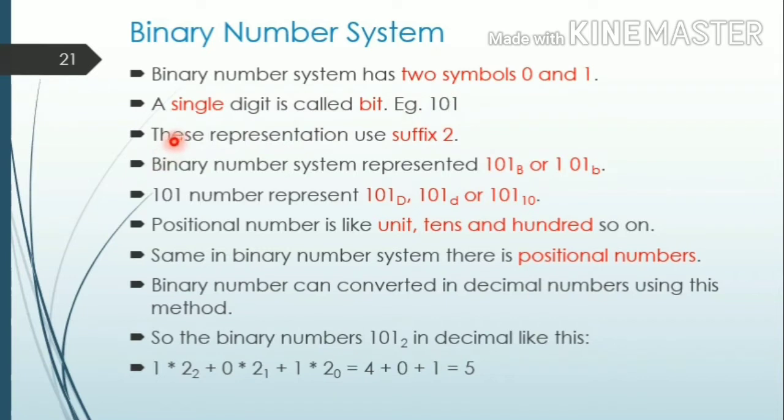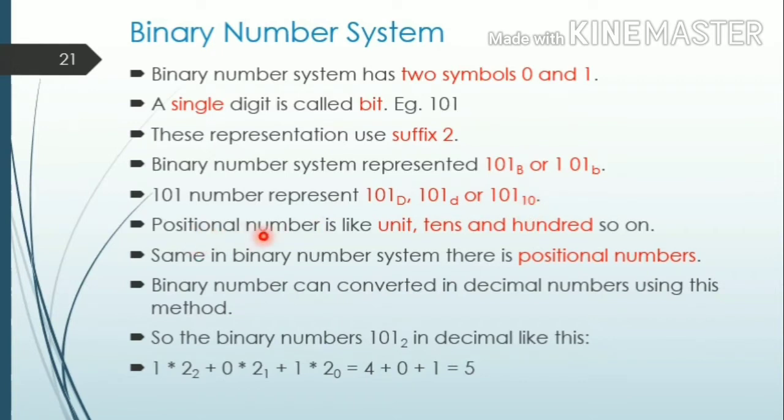Now this representation uses suffix 2, because binary digits are 2. The binary number is represented as 101B, capital or small doesn't matter, it stands for binary numbers. The number 101D stands for decimal numbers.